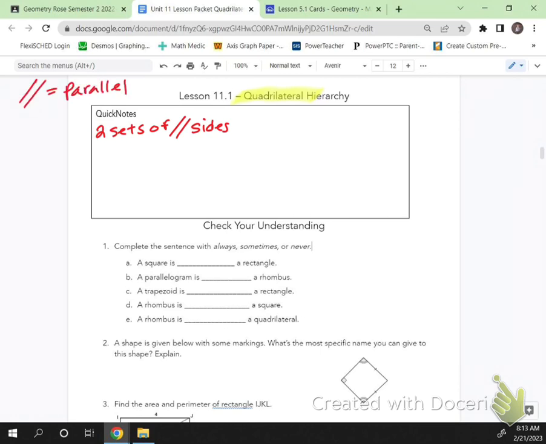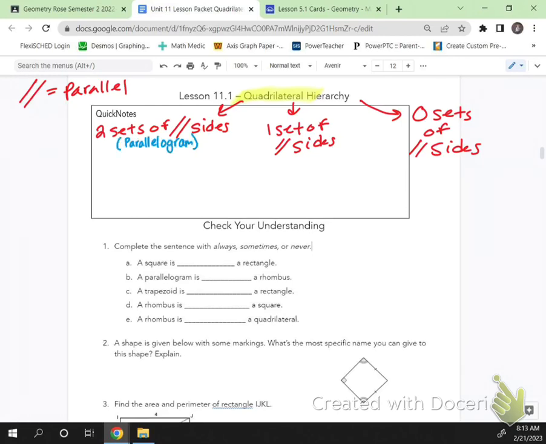That's one classification. We could have 1 set of parallel sides. We could also have 0 sets of parallel sides. I'll give you a second to write that.